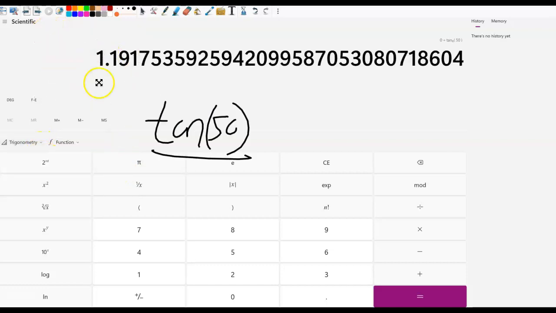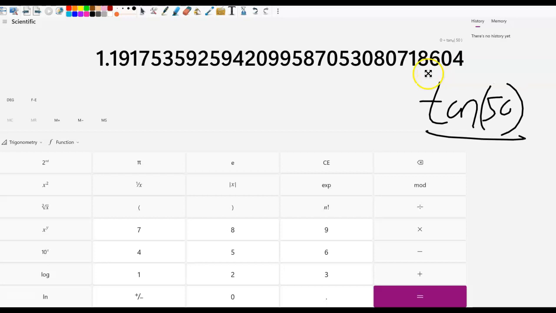For you, you might have to push tangent first and then 50. Even though I don't know what the opposite and adjacent sides are, if I make a fraction with O on top and A on the bottom, I get 1.19 as the outcome. So the tangent of 50 degrees is 1.19. If you want to round to the thousandths, maybe 1.192.